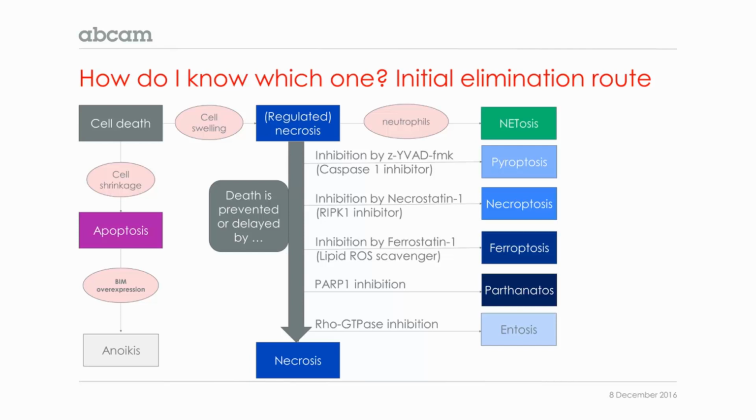And if cell death cannot be prevented by any compound we test, then we might actually be looking at necrosis. So please keep in mind that this is just one example of the multiple ways you could analyze what type of cell death you're looking at. Because in most experimental cases, you are likely to already have an idea of what is happening in your model.